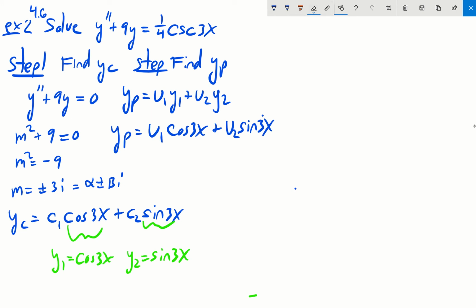We have our formulas for u1 prime and u2 prime. We know that u1 prime is going to be equal to negative y2 times f of x divided by the Wronskian.